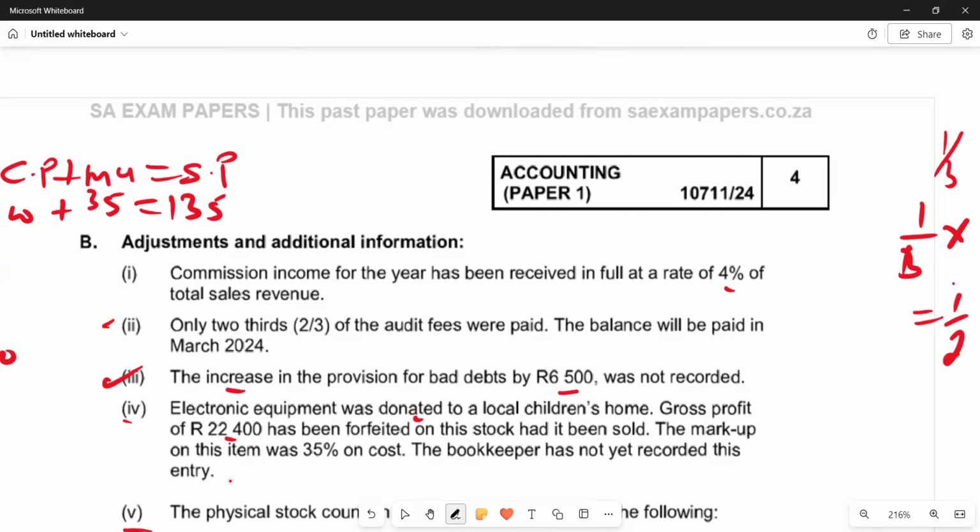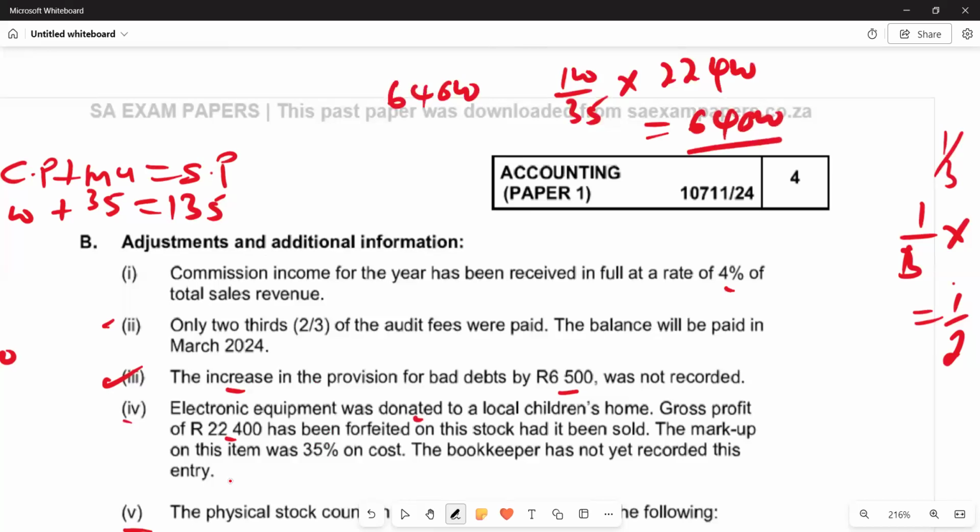Sorry, we calculated this one, the gross profit. We calculated it and we got 64,000, if you still remember, when we made a proportion saying 35% is representing 22,400. So we wanted 100%, and we said 100 over 35, and then we multiply by 22,400, and then we got 64,000. So this is the cost which was donated, which is going to be the expense.